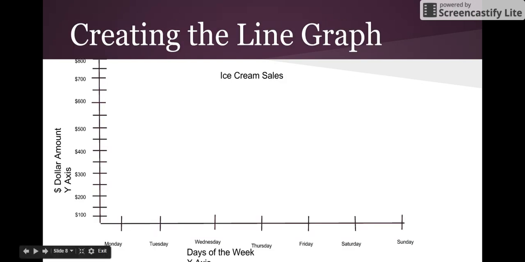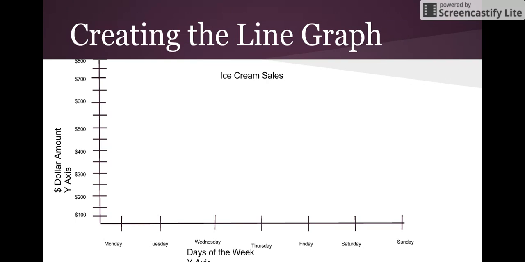So our sales was the dependent variable. Our independent variable, which goes on my x-axis, is days of the week. It's what we are changing. You're changing the days, and we're observing how much money we bring in each day.